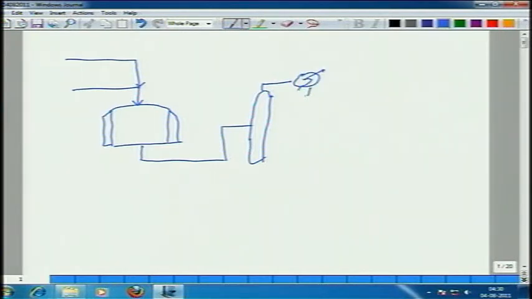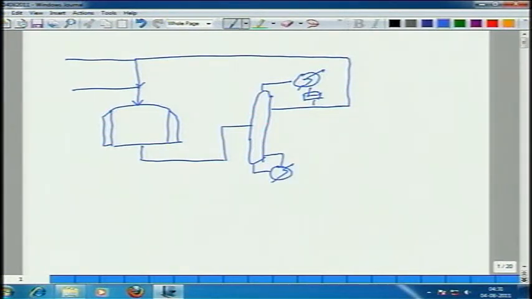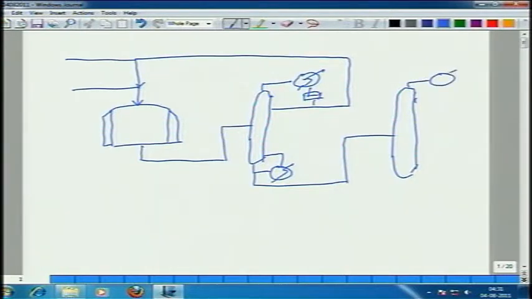maybe A is toxic or something, so you want to remove it first, so that this is A recycle, and then you have the product column. In the product column, C is the light component, it goes up the top, B is the heavy component, it goes down the bottoms.